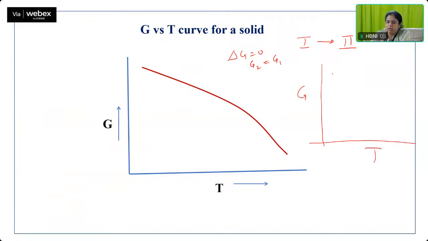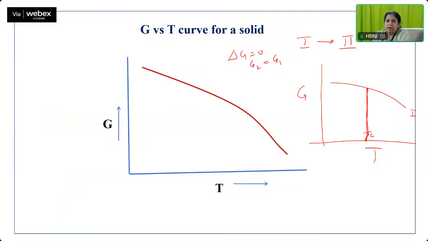Okay. Suppose this is my curve for phase 1. How can I draw the curve for phase 2? Every phase has to have a GT curve, right? Now I have to make sure, let's say this is TC, the phase transition temperature. I'm sorry for the drawing.